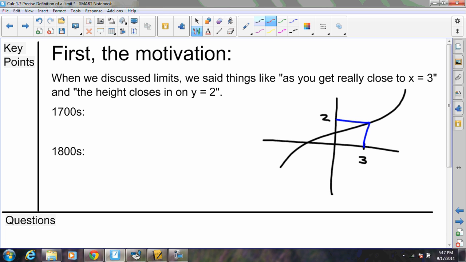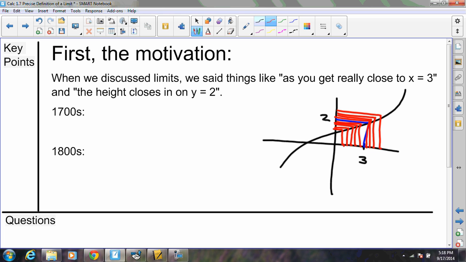So we've talked about as you start getting closer and closer and closer to 3, coming from the left and coming from the right, each one of these things is paired with y values, and we were paying attention to what happens with the y values as you start getting closer and closer. As you pick x values that are very, very close to 3, what is happening to the y values up and down?